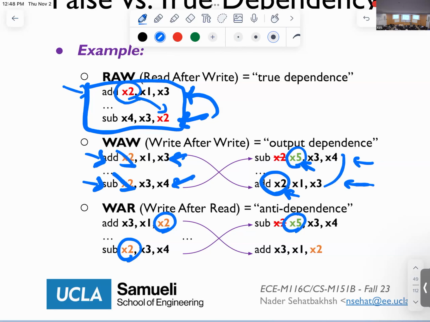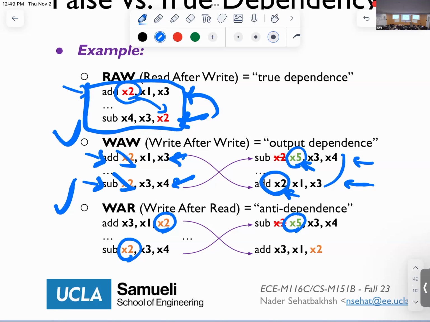So if I manage to find a way to avoid this duplicate destination register mapping, then I will be good to go with these two. So I don't have these two issues anymore. I'm back to what I had in the in-order processor, which was a true dependence, the RAW data hazards. I need to fix that in some other ways that I'm going to describe.